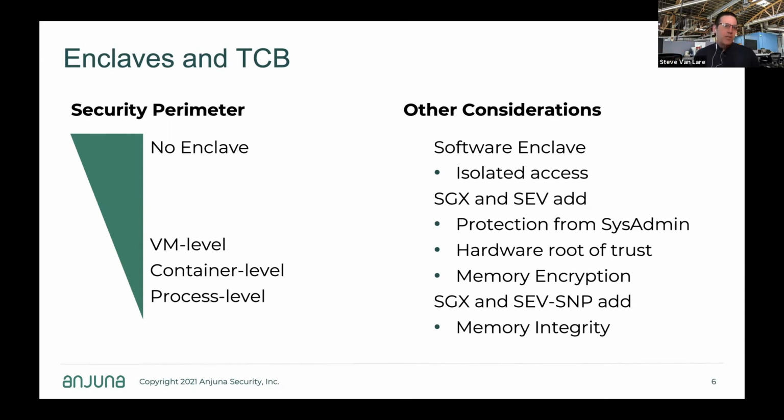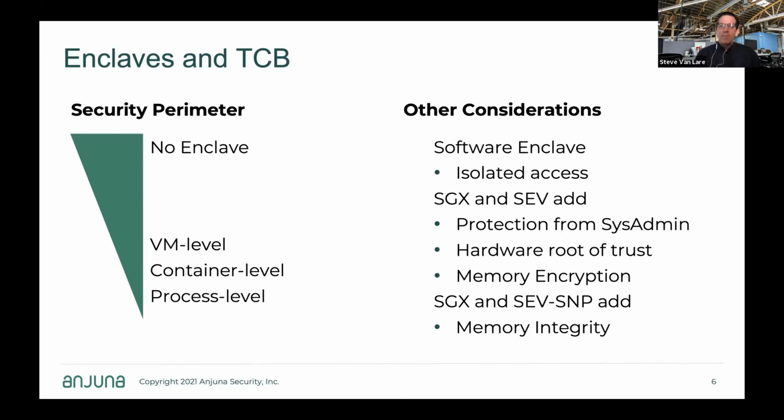It's going to get a page error, and its program is going to stop at that point in time, and it won't be able to access the memory. With other enclave technology, when you go to access another process's memory, you're going to get access to encrypted memory, but you won't be stopped from accessing that physical memory. So the isolation model is different with the different technologies, and it's worth thinking about because it does have some implications.